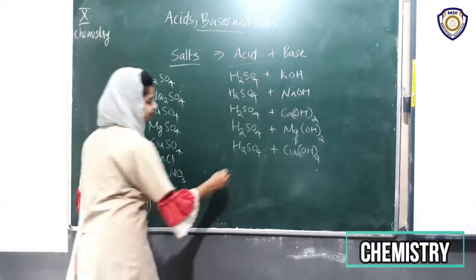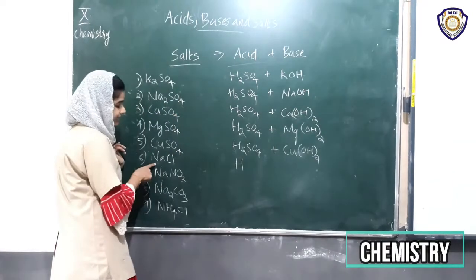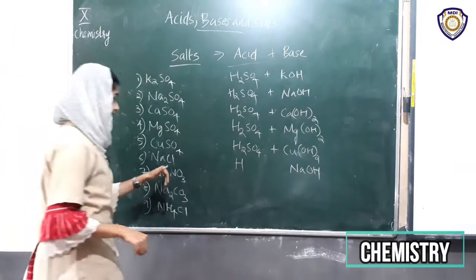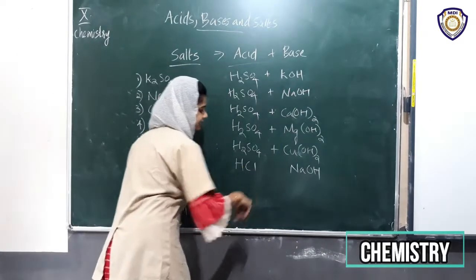Then NaCl: Na came from NaOH, and Cl came from HCl.